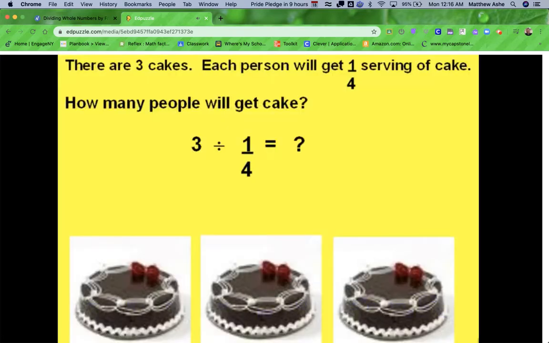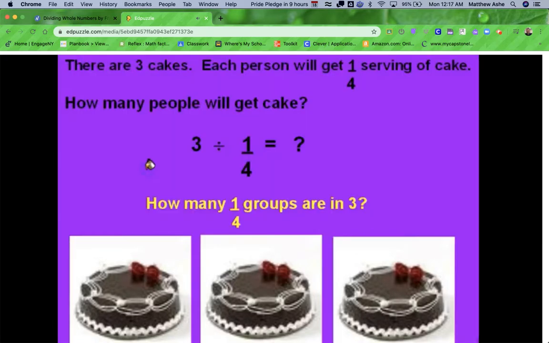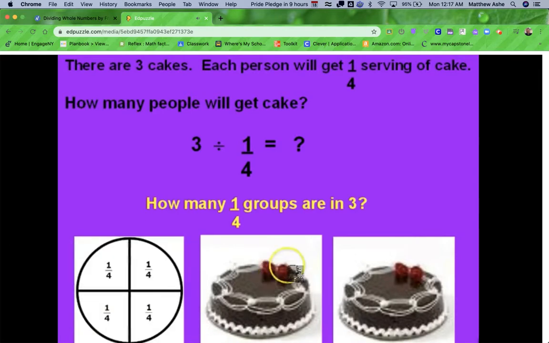Let's say there are 3 cakes and each person is going to get 1/4 serving of cake. We want to know how many people will get cake. We can use the division equation 3 divided by 1/4 to represent this problem. To solve this problem, we need to ask ourselves, how many 1/4 groups are in 3 wholes? To do that, we need to split each whole cake into fourths.